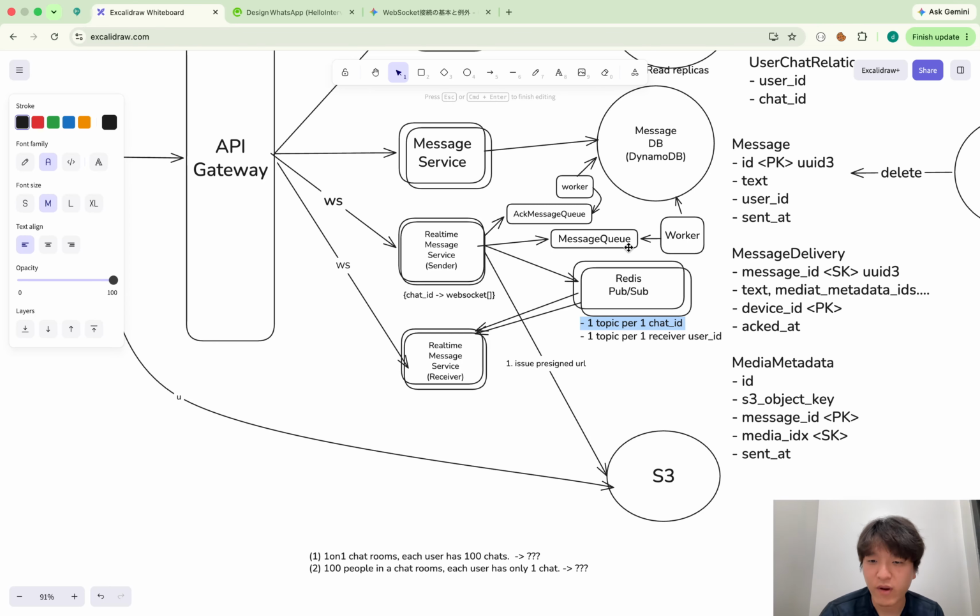So this means that Redis costs much more space, much more memory, compared with the second option. So that being said, I will go with the first. Wait, maybe I said it wrong. So yeah, the first option takes 100 times more memory than the second option in Redis. So I go with the second option: topic per receiver user ID.